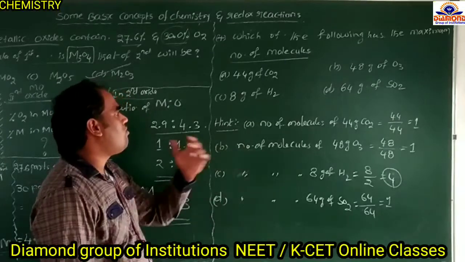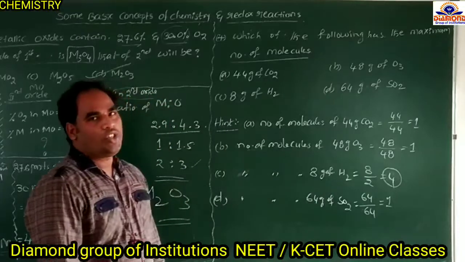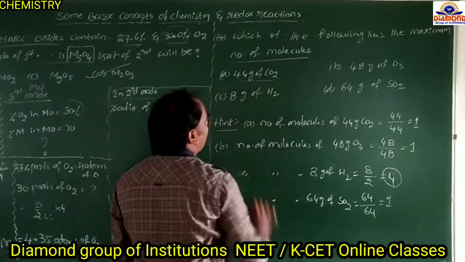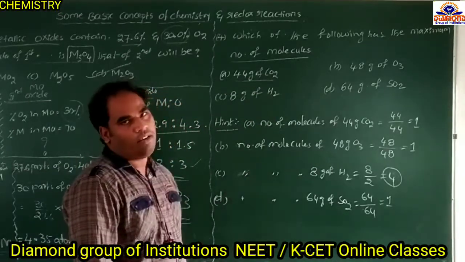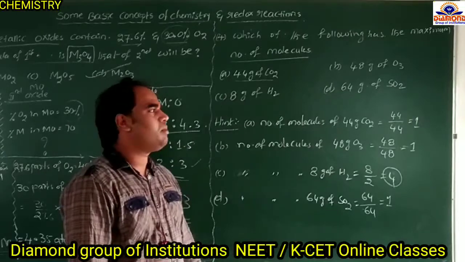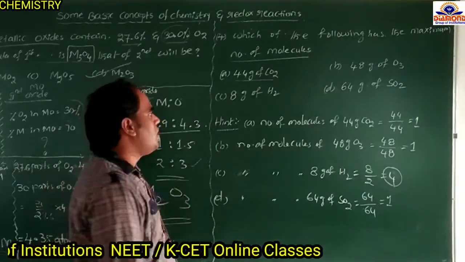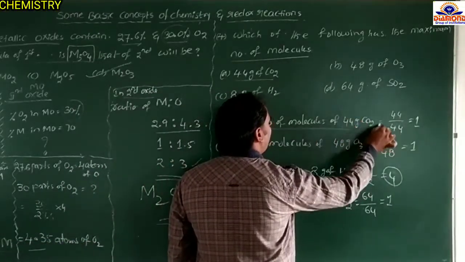So the number of molecules is the number of moles times Avogadro's number. First we want to find the number of moles. The number of moles concept is weight by molecular weight.